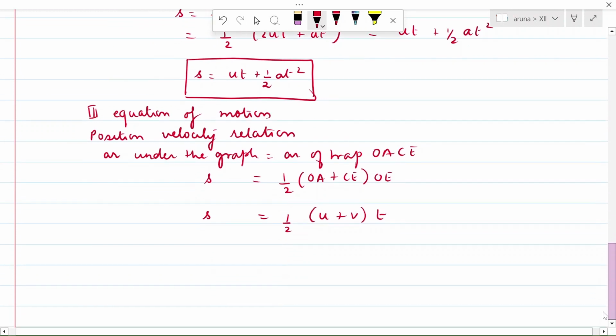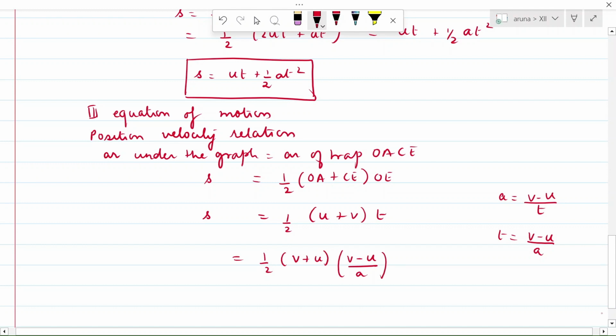Now in the third, we need to substitute for t. So we use the first equation of motion. Let me just recall it for you. a is equal to v minus u by t. So t is equal to v minus u by a. So we are going to substitute here. I'll just reshuffle the terms: instead of u plus v, you can even write it as v plus u, and t as v minus u upon a.